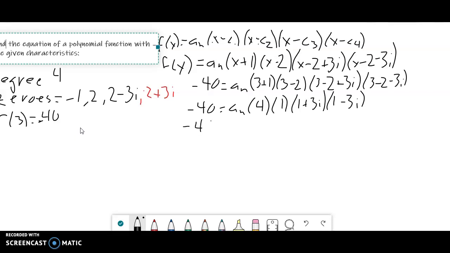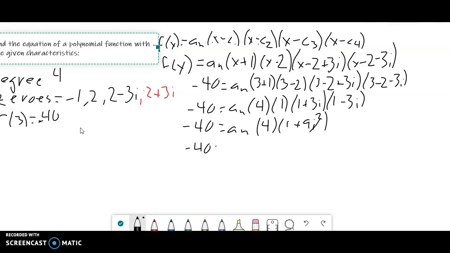Continuing to multiply, simplify this, we have our 4 times 1, which is 4. And just like we said in the last example, easiest to work with those complex numbers before we try to distribute the 4 across. So I have my 1 times my 1, which is 1. The imaginary i component has to cancel, negative 3i plus 3i cancels. And then we have a minus 9i squared. And just like we said in the last case, that i squared is really going to become a negative 1, which changes that 9 to a plus 9.